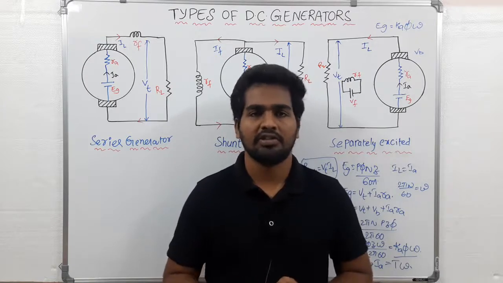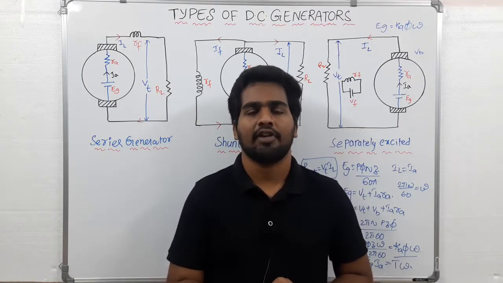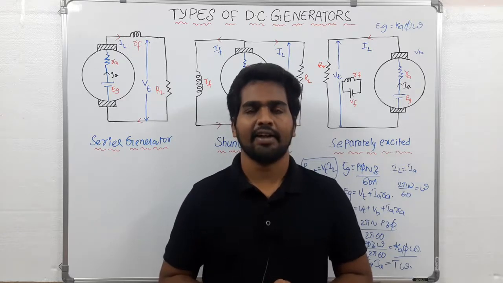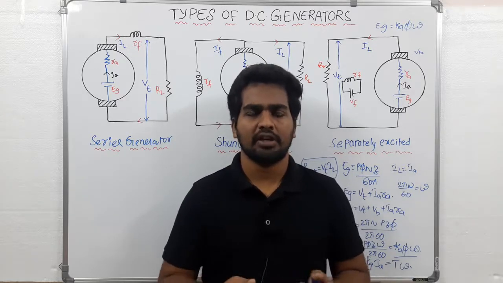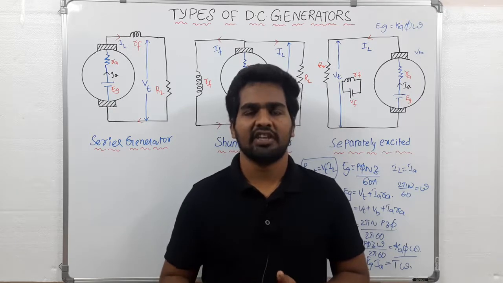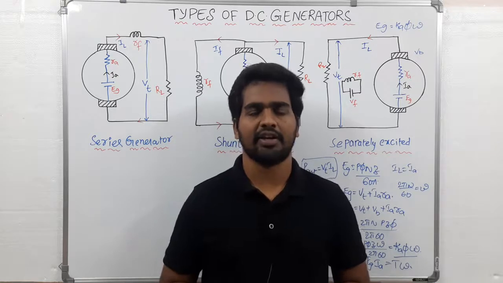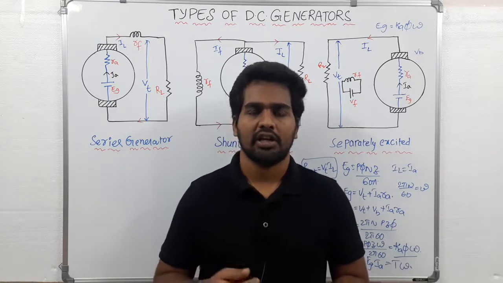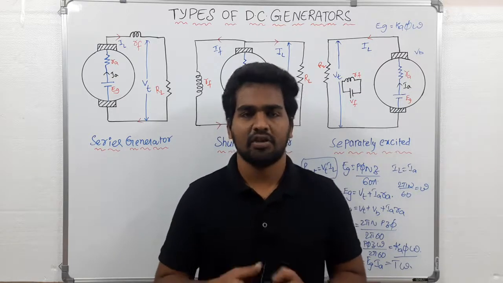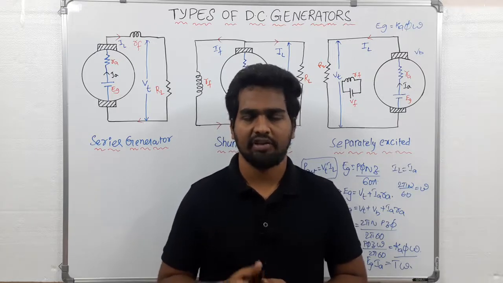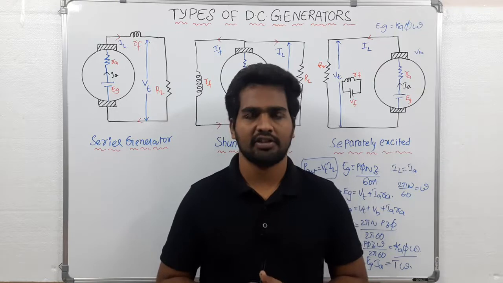The amount of residual flux is about 5 to 10% of its rated value. And suppose if a field weakens the residual flux, then we must separate the field winding, and we should re-establish the residual magnetism. This is called field flashing. Very important term, field flashing.